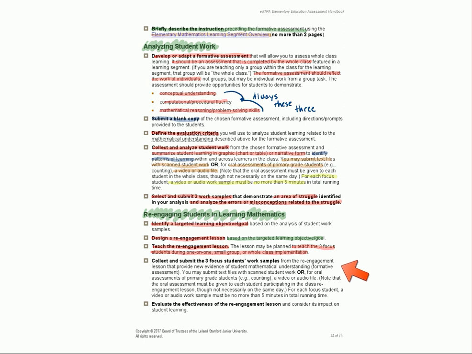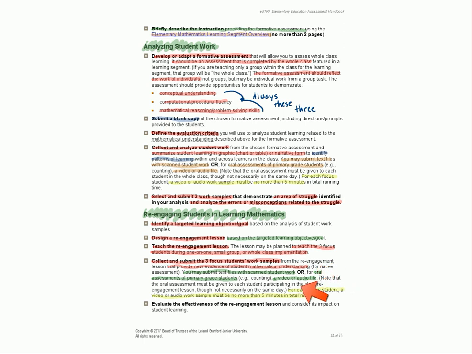Next, you want to collect and submit the 3 focus students' work samples from the re-engagement lesson, and you want to use what work they did from that re-engagement lesson to describe their understandings, okay? To provide new evidence of students' mathematical understanding.